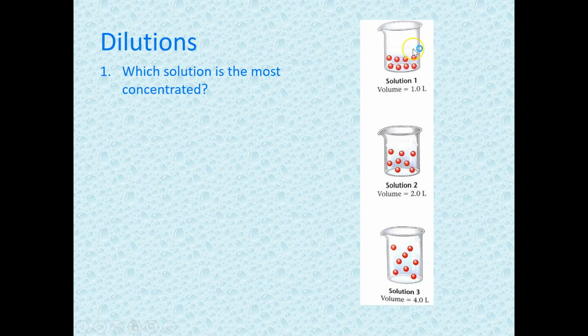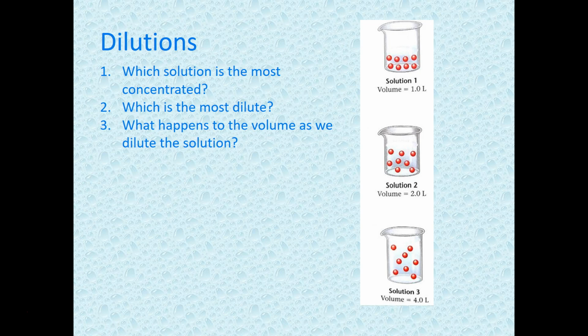Well, that would be solution 1, because it has the red particles the closest together, so it is the most concentrated. Which one is the most dilute? Well, that's going to be solution 3. Compared to the amount of liquid we have, there are very few particles floating around in there. So it's going to be a lot more dilute because it has 4 times the amount of water as solution 1.